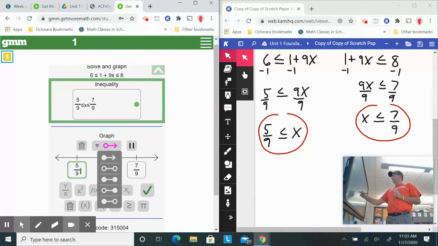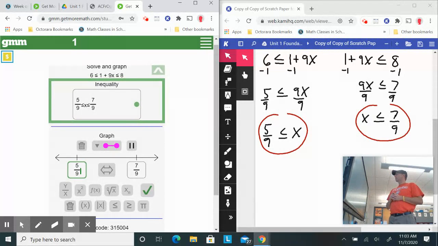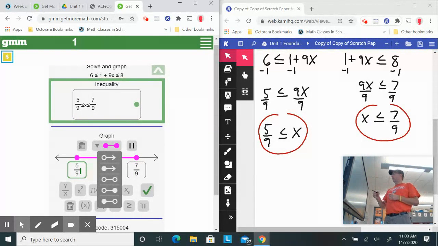So notice the third one down, I tap that. I want a solid dot here, and everything shaded in between because the solutions have to work for both. Greater than one, less than the other, and it can be equal to each one also. So make sure you pick the right choice. There's many different options here, so pick the right one.